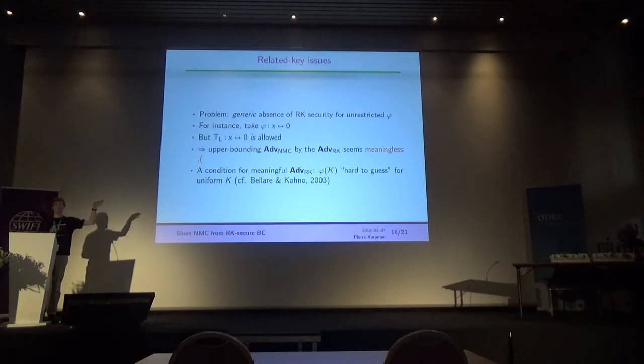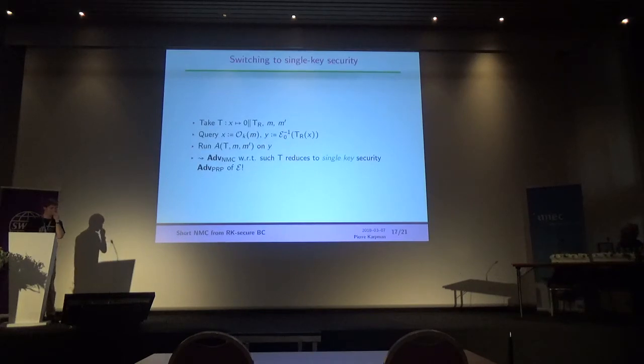If the tempering, or equivalently the related key function, is unpredictable, for instance, then we have a nice bound for the NMC, depending on the related key security of the cipher. So we need the other half, and one way to do it, at least the way we did, was to fall back to the single key security of the block cipher.